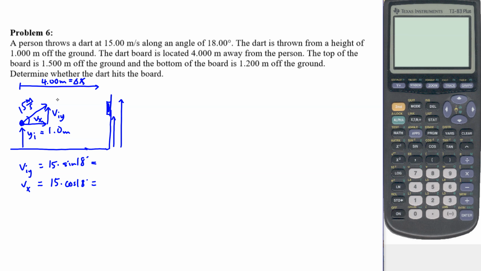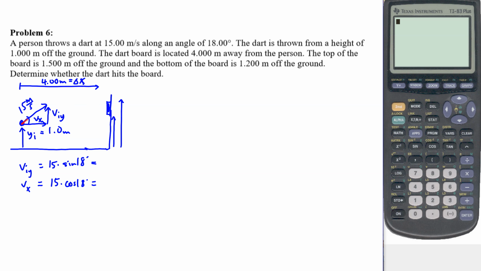What I would like to do is find the delta y of the dart. Maybe the dart does this. Maybe the dart does this. Maybe the dart hits, right? Who knows?